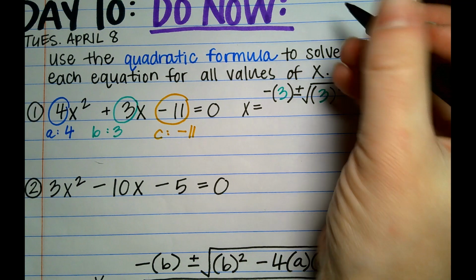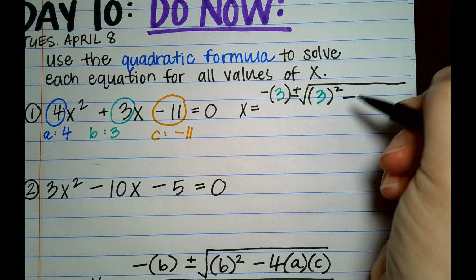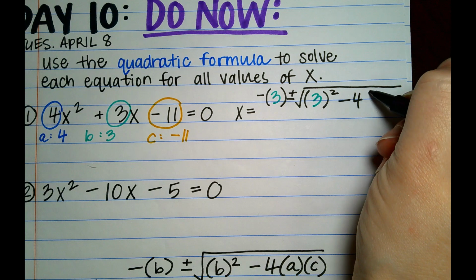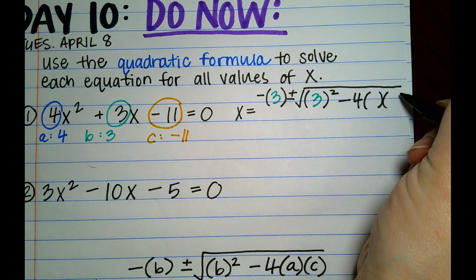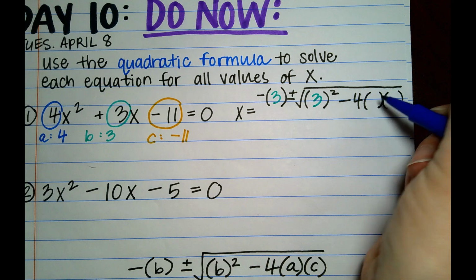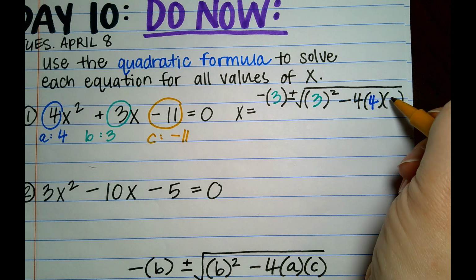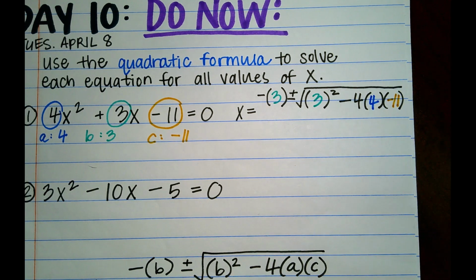Next in the formula we have -4 times 2 values. What are the 2 values? 4. 4 times A, which is also 4, times what? -11, our C. Okay.